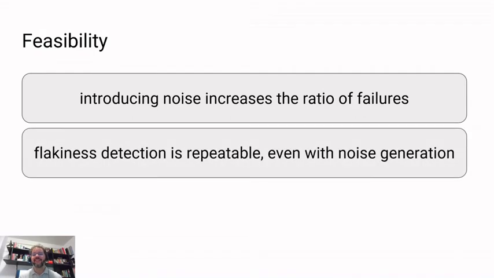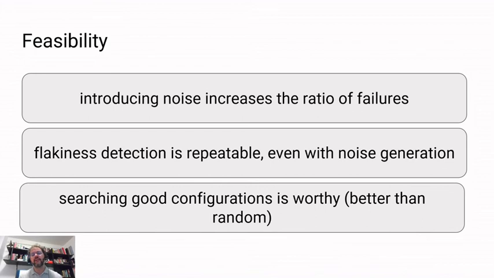We observed similar rates of failures across multiple executions of the same noise configuration. Finally, we evaluate whether we need to search for good configurations for the noise generator, and our results indicate that there is indeed an advantage in searching and selecting noise configurations as opposed to randomly picking them.